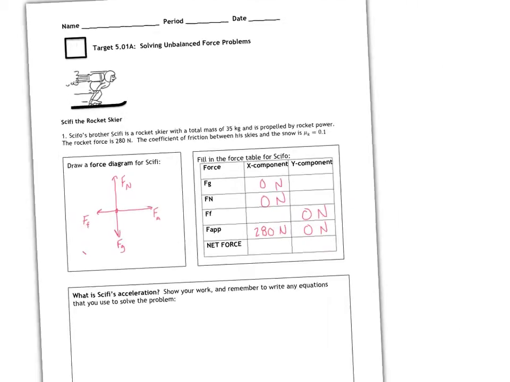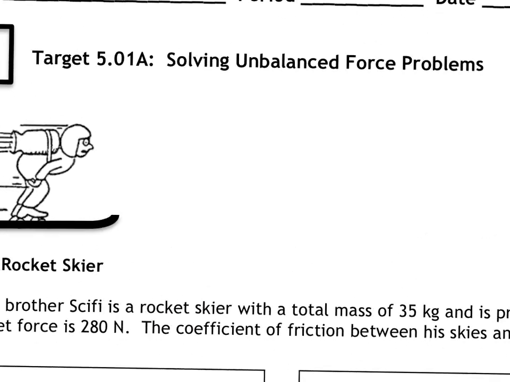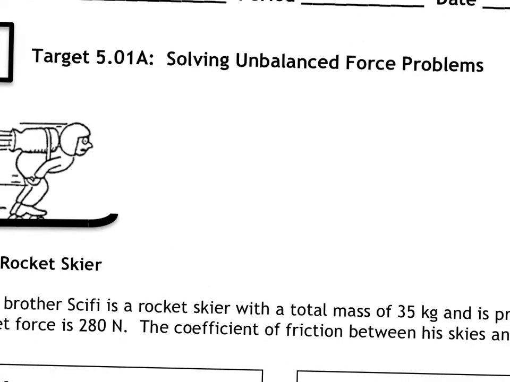So we're trying to figure out the force of gravity. Well, we know that the force of gravity can be found by the mass times g. In this case, g is going to be 9.8 newtons per kilogram.